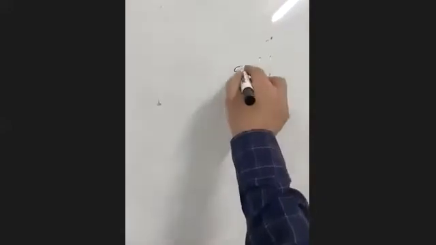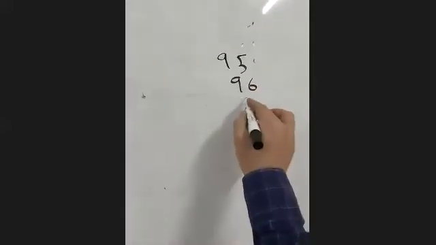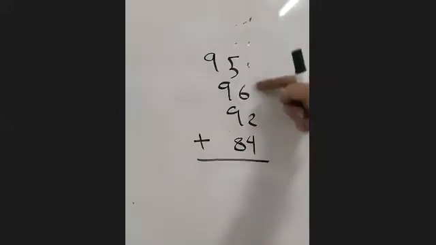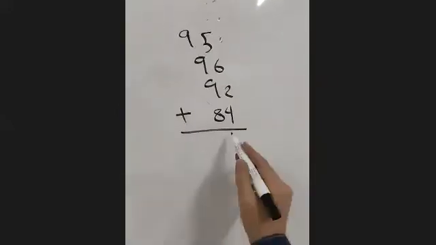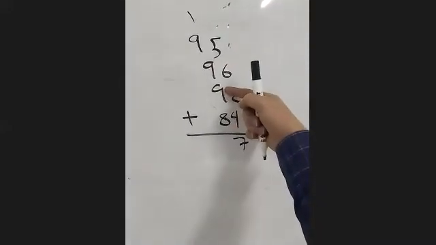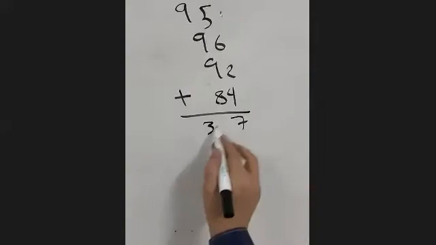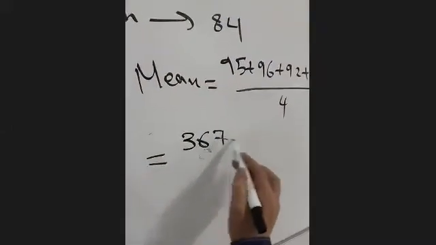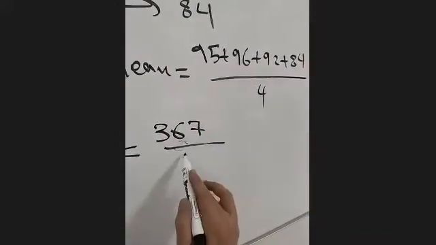So let's add these numbers, 95, 96, 92, 84. Here 11, 13, 17. Here 10, 19, 28, 36. 367. So here you have 367 divided by 4.